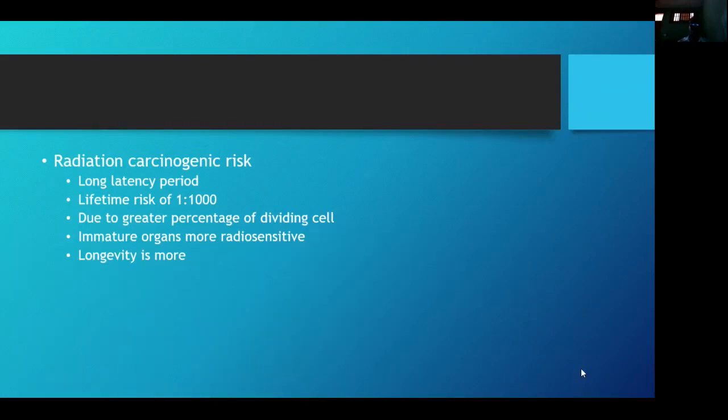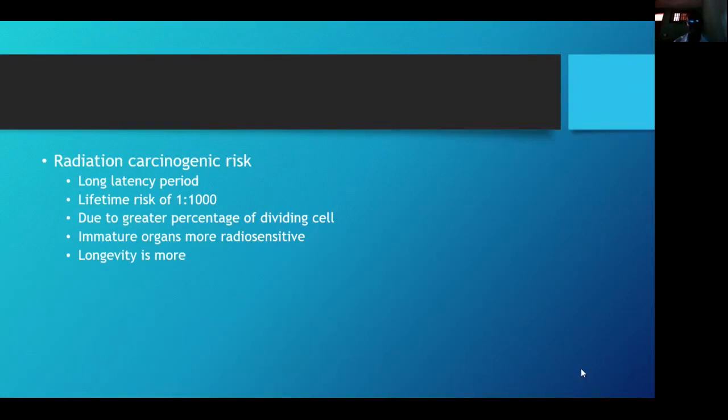In addition, children have organs whose cells, most of them, are dividing at this age. In fact, a lot of organs are still developing. So because they have a large percentage of cells that are still dividing, one would want to be careful in exposing them to radiation.